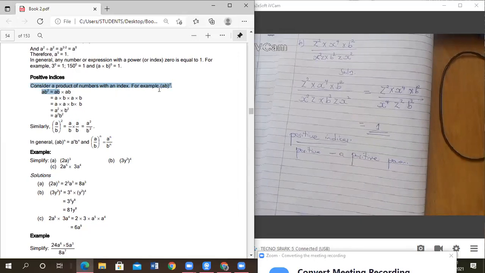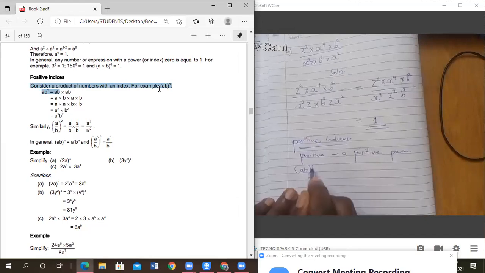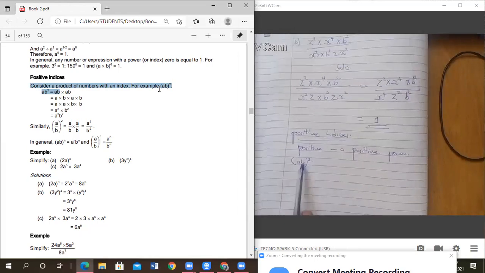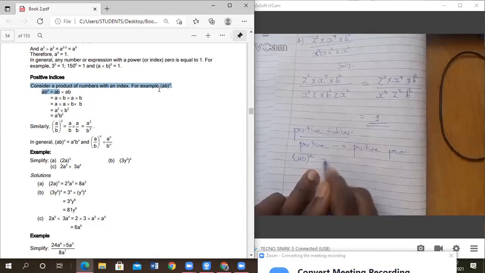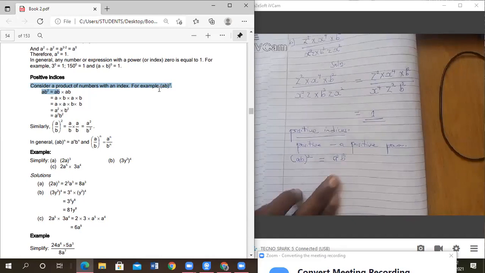For example, we have (ab) squared. This power is for a and b. So we can write it as a squared b squared. Are you together?